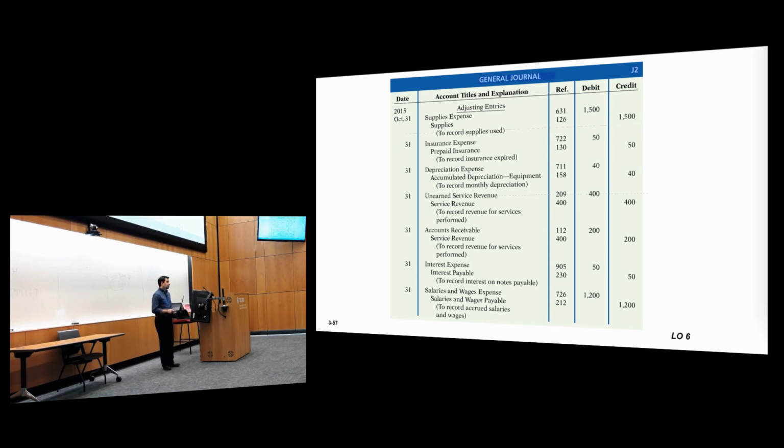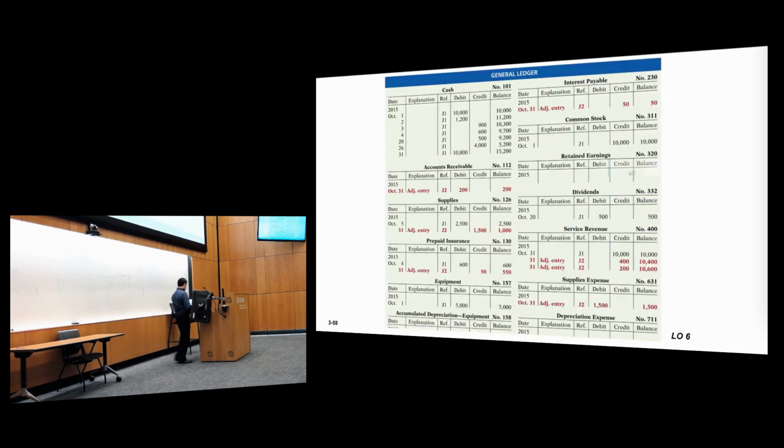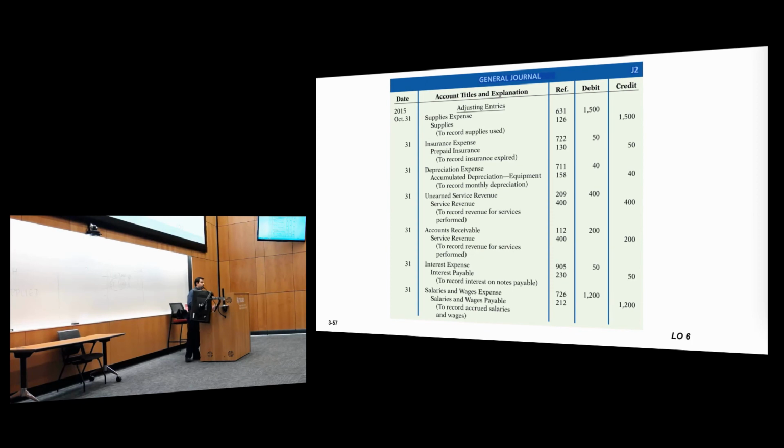This is how the general journal looks like when you're entering adjusting entries. You have all the adjusting entries, those are exactly the ones that you used. And then after that, you enter this information in the ledger. You post them to the ledger.